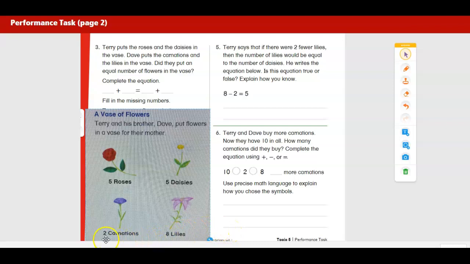There were 2 carnations to start with, and now they have 10 in all. So our equation says 10 blank 2 blank 8. Let's think, if we started with 2 and now we have 10, did we add or subtract?